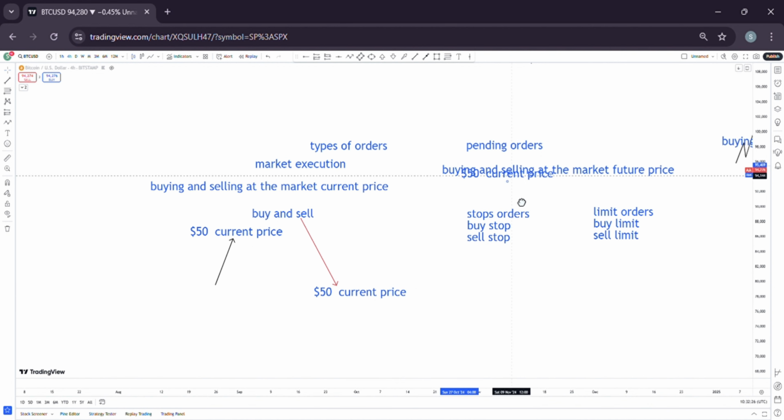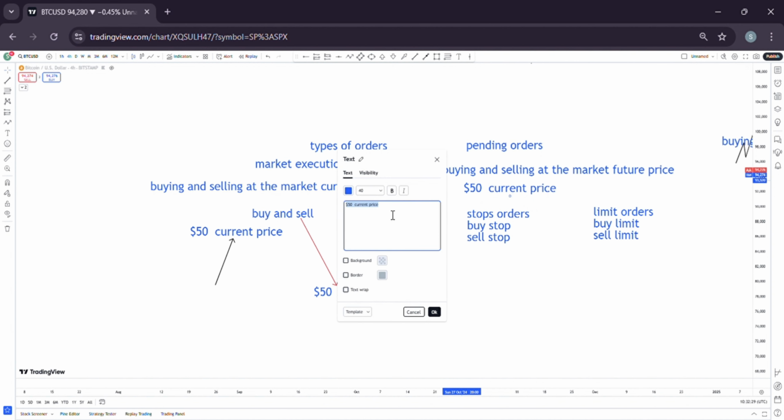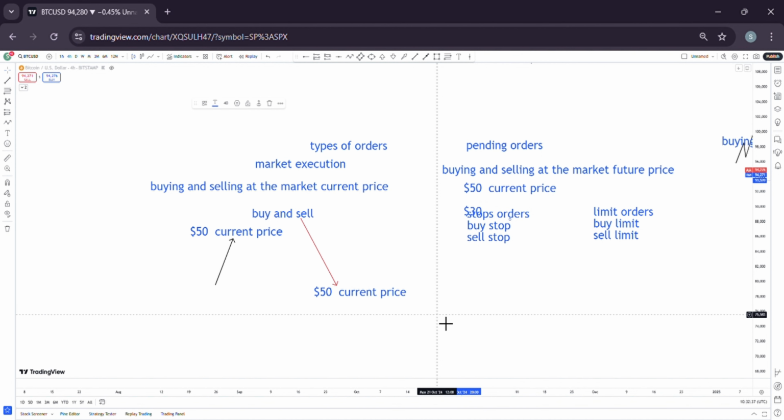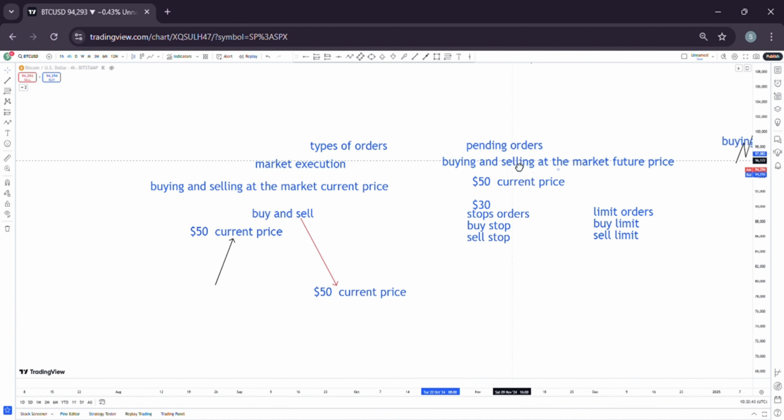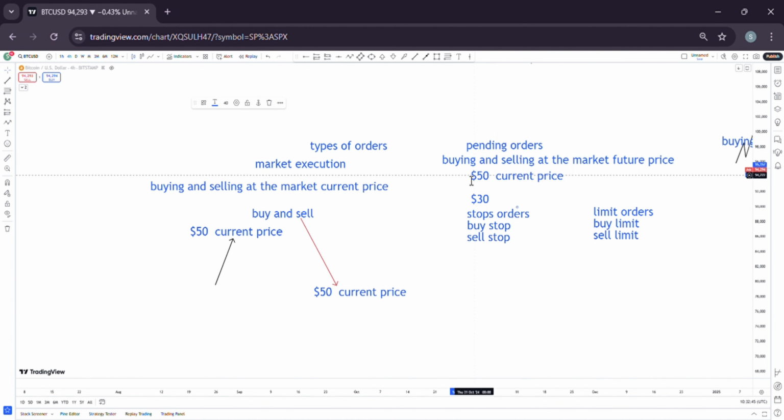We want to buy at a future price, maybe possibly around $30. At $30 we want to buy. So it's buying and selling at a future price. So that's on pending order.